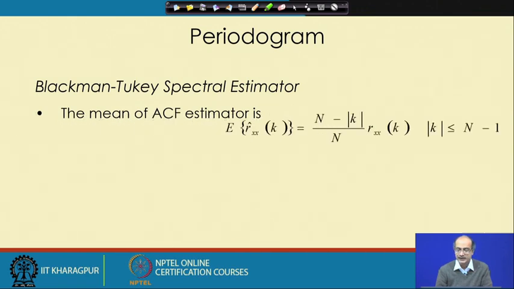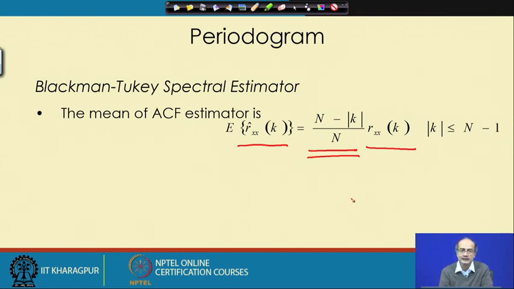The mean of the ACF that we get is actually a scaled version of the true value. If we take the expectation on both sides of the estimated autocorrelation function r hat x x k, we get this expression: the true autocorrelation multiplied by this term, which is nothing but a triangular wave.